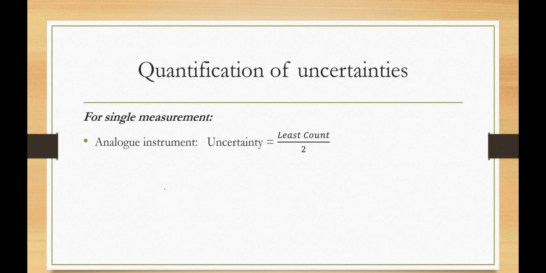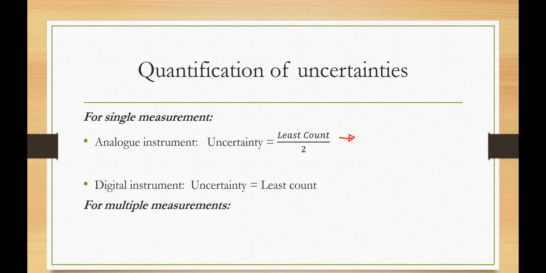What is least count? This is the smallest possible measurement that can be taken by a given instrument. If a digital instrument is used, then uncertainty will be equal to the least count, which is an indication of the fluctuating digit while taking measurements.